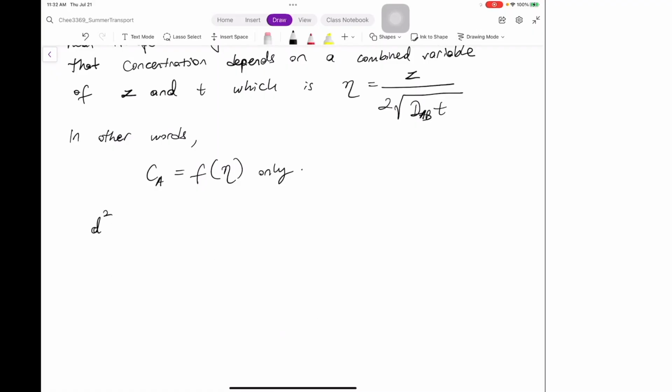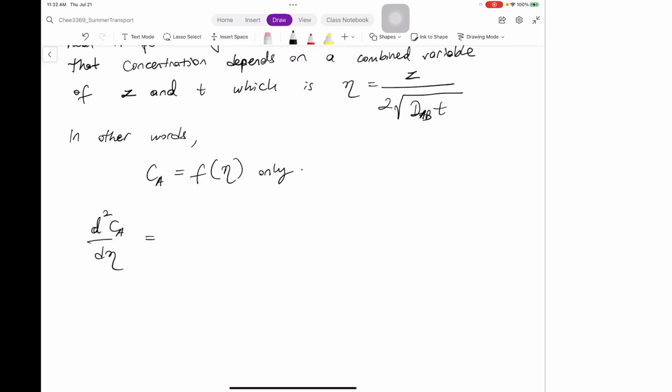d squared CA over d eta is equal to some constant times exponential negative eta squared. Oh, sorry, I wrote down the solution. My mistake.